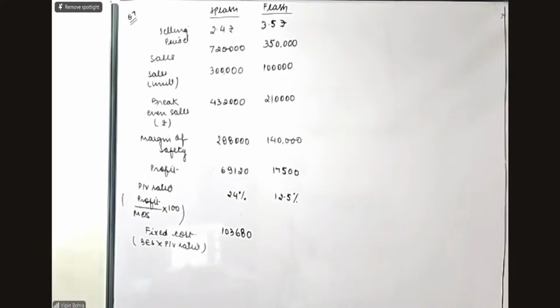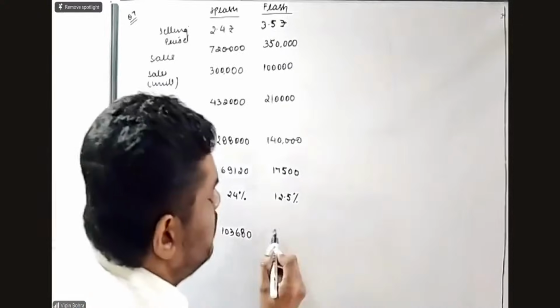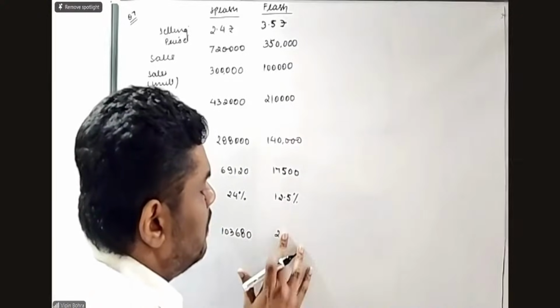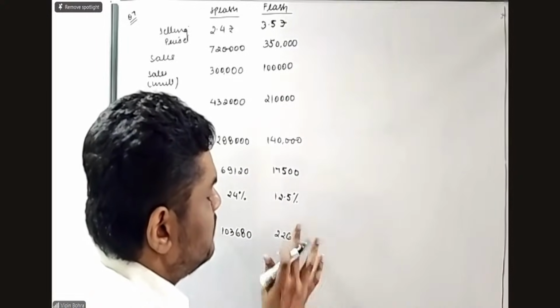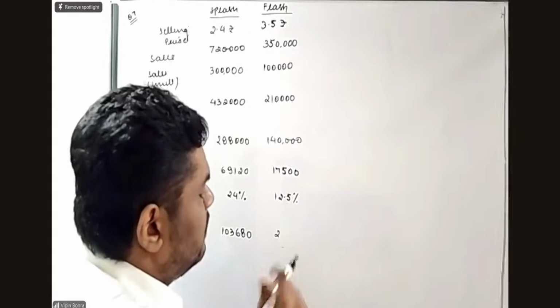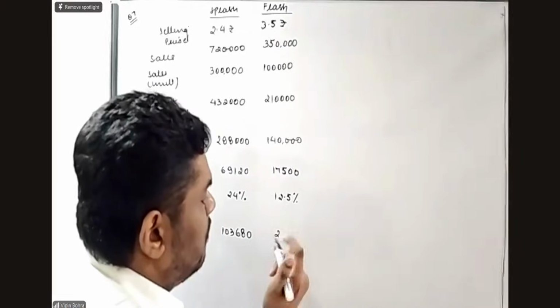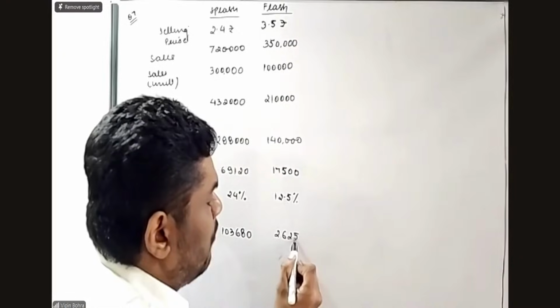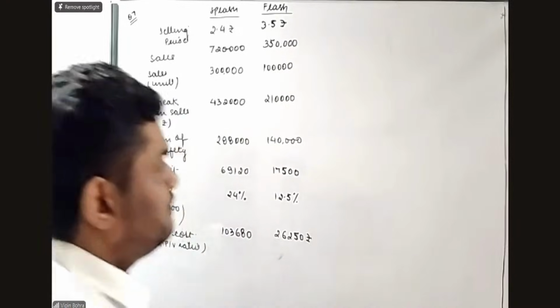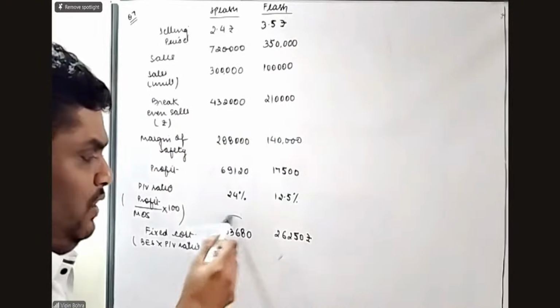Similarly, for the second case also, 2,10,000 into 12.5%, that is 26,250. So this is my new fixed cost.